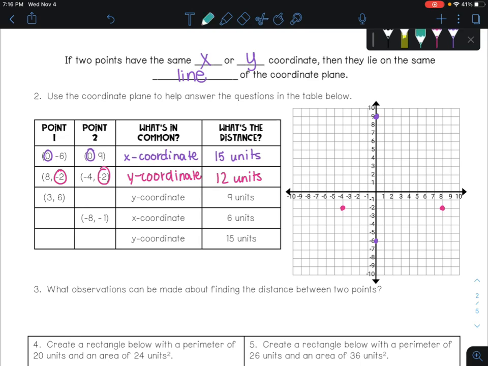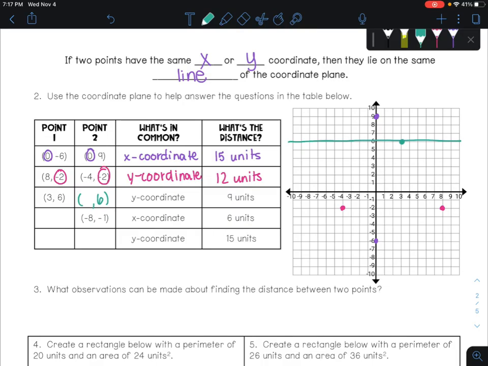All right. Now, we need a point that is 9 units away from 3, 6, and they have to share the y coordinate. So right away, this has to be 6. All right, so I'm going to plot 3 over 3, 6 up 6. And now I need to go 9 units away, but sharing the y coordinate. So that means I have to stay on this line with the 6.